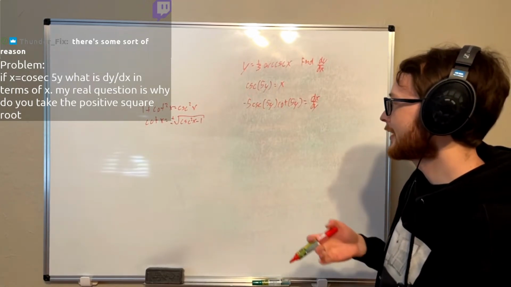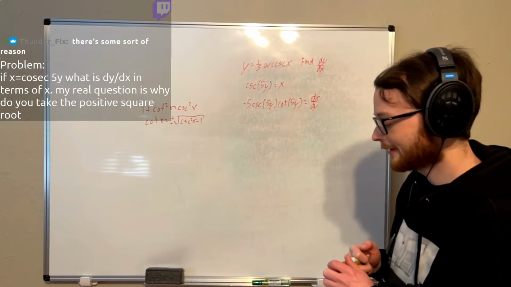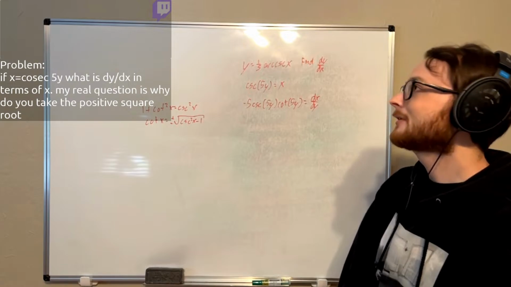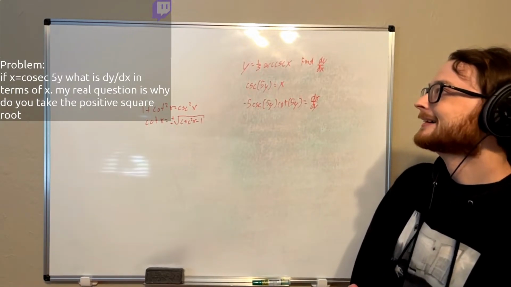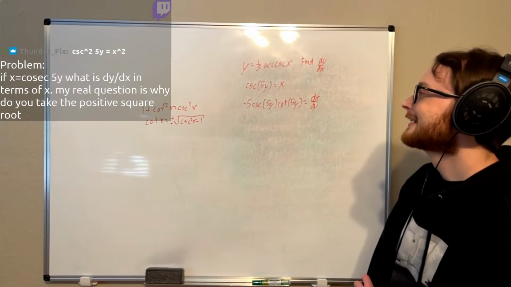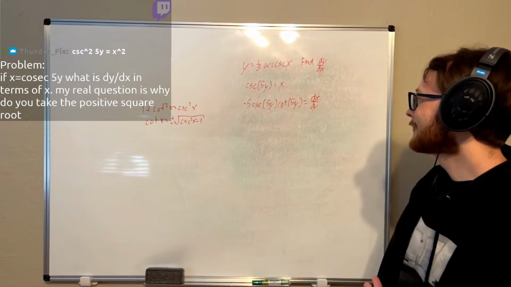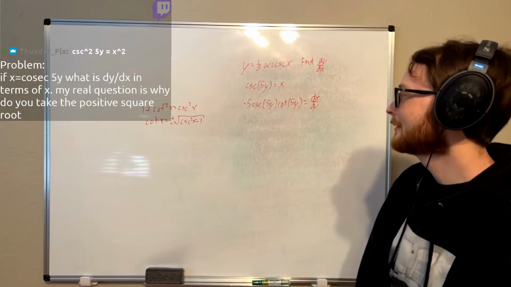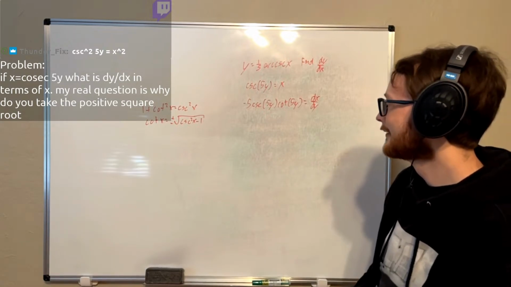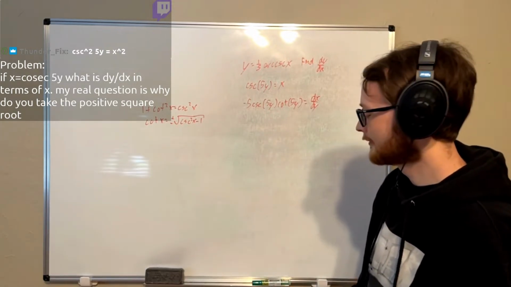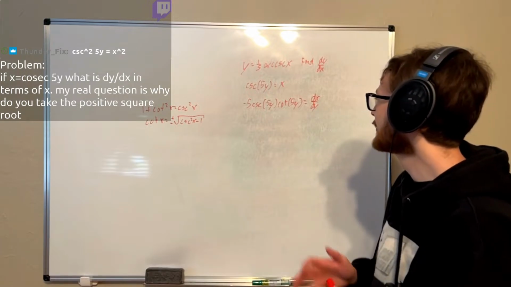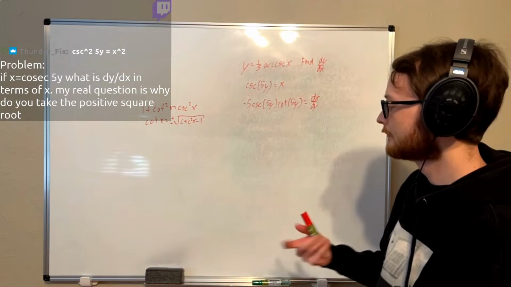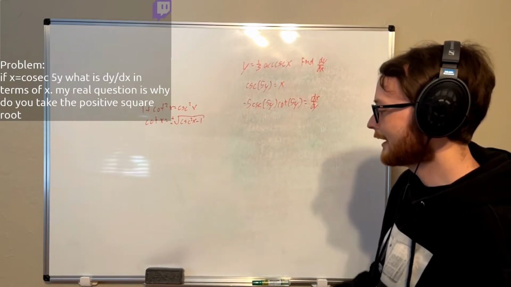I mean, usually in general, people just take the positive and don't worry about it too much, but that's not really right. If you did take the negative, would you have another valid definition for the derivative of arc cosecant, just on a different domain? I don't think so. I feel like if you take the negative case, you get something invalid.